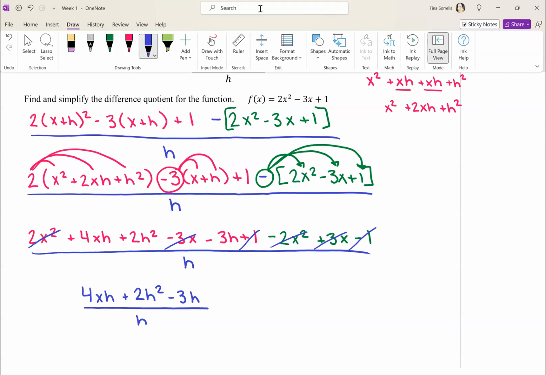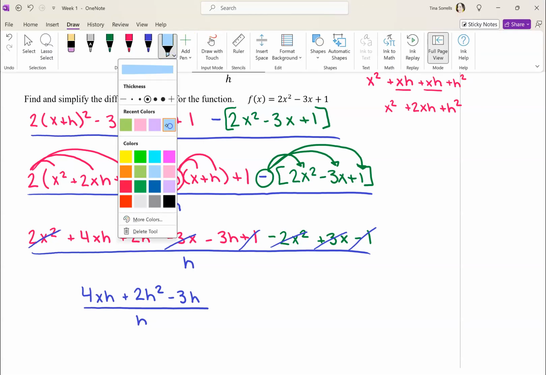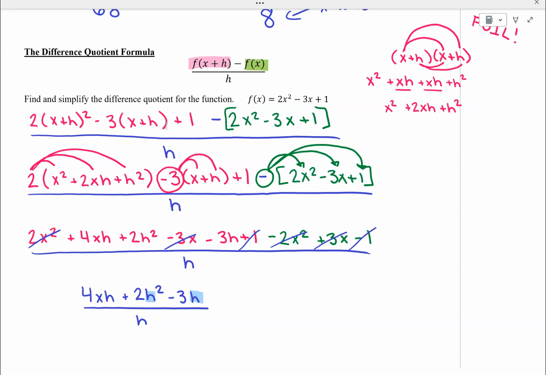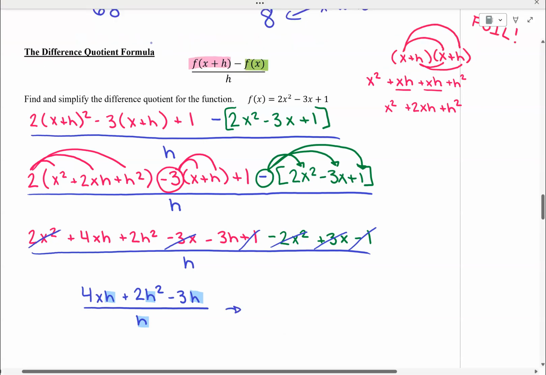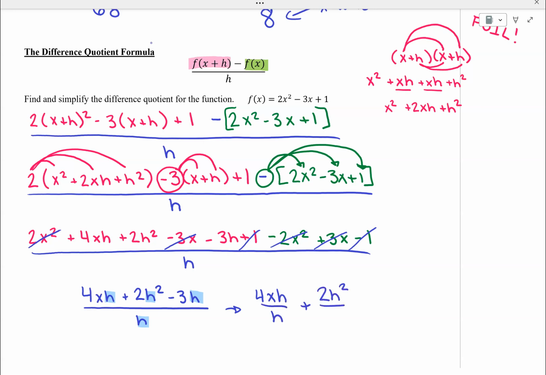Now notice on this problem, okay, every term has an h in it. So we are going to reduce it by 1h. So that means we're going to be left with 4x because these cancel. You know what I think I want to do? I think I want to visually show you first. So I'm going to separate them. 4xh plus 2h squared over h minus 3h over h.